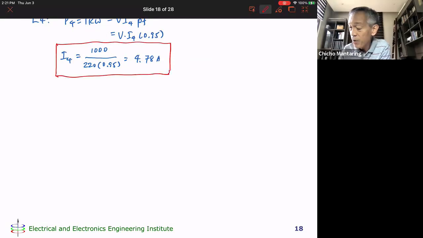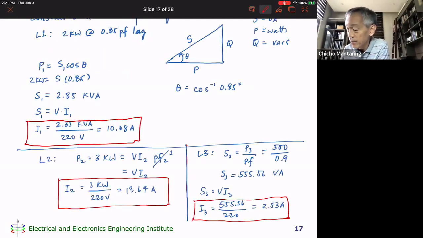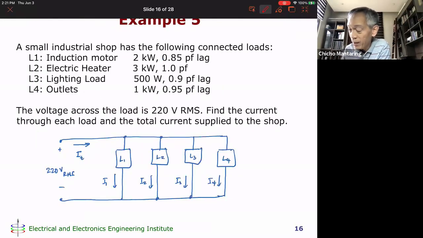Okay, I have I1, I2, I3, and I4. So question, can I just add all of these currents together to get I of t? Yes or no?